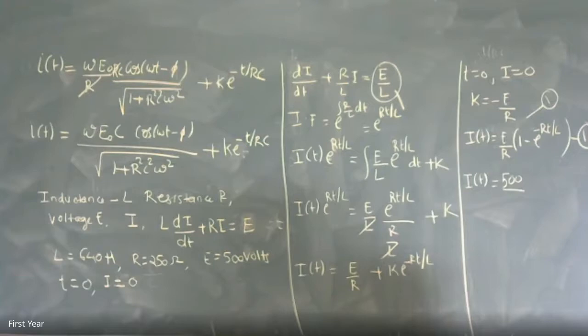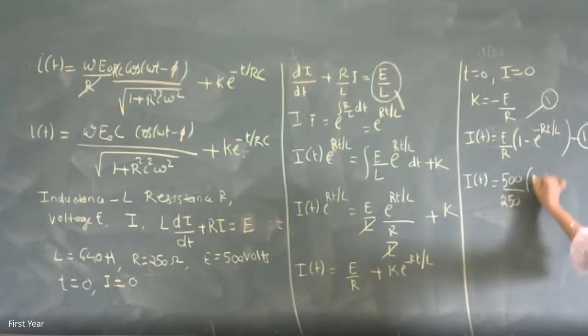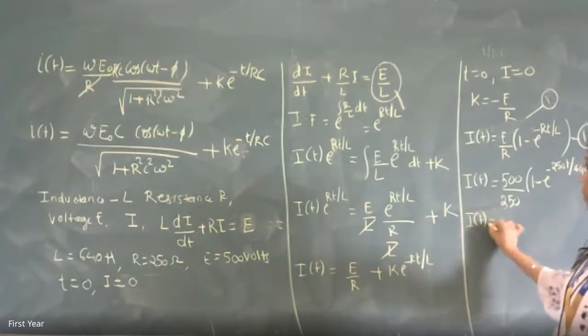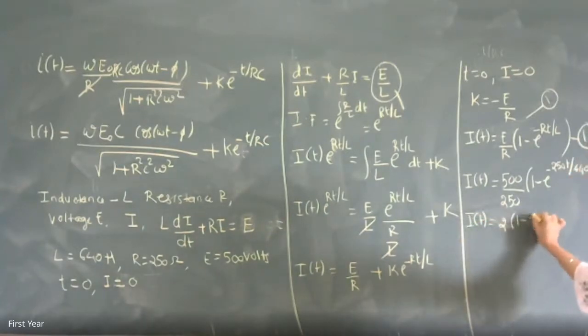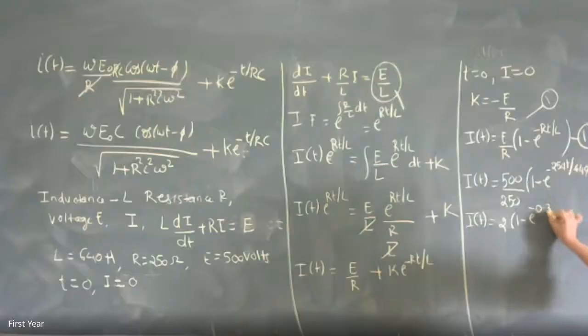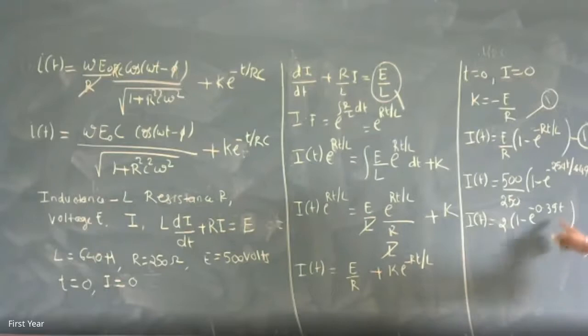And what is R? 250. 1 minus e to the power minus Rt by L. So R is 250, t by 640. So rewriting it, I of t is equal to 2 times 1 minus e to the power minus 250 t upon 640. Just calculate what it is. 0.39. That is your answer in terms of numbers.